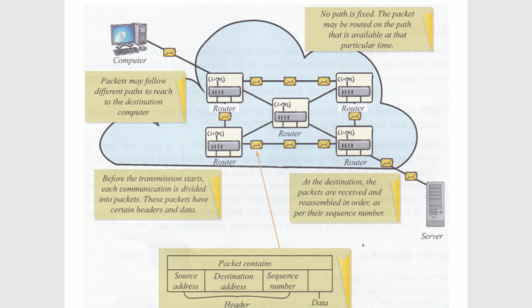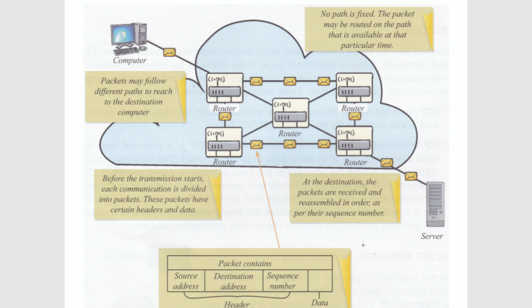Each packet contains the source address from where the data is being transmitted, the destination address to which system the data has to be transmitted, and the sequence number, because when the data is transmitted, all the packets reach the destination, and at the time of reassembling, all the packets can be reassembled in such a manner as the data is sent from the sender system.